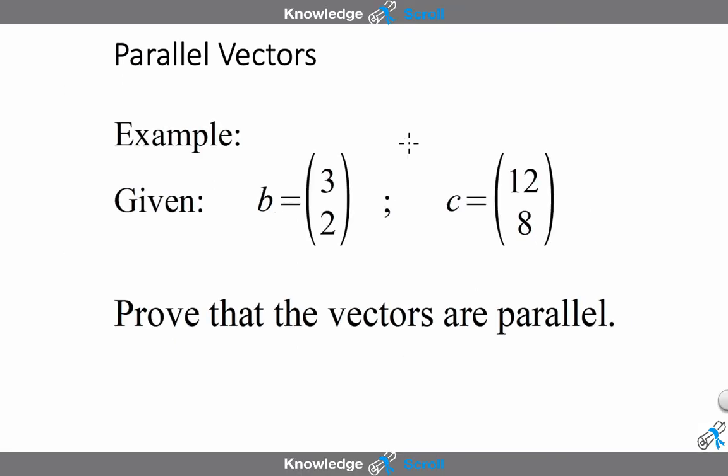Now we're going to bring the point home by trying this simple example where you have two vectors, the first one being B, and it tells us that B is (3, 2) and C is (12, 8). And we're going to prove that these two vectors are parallel.